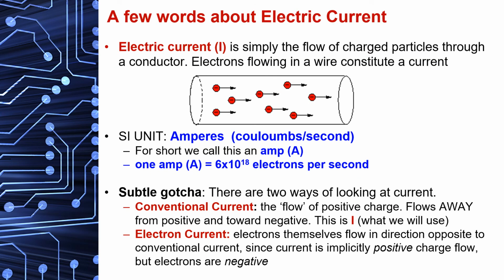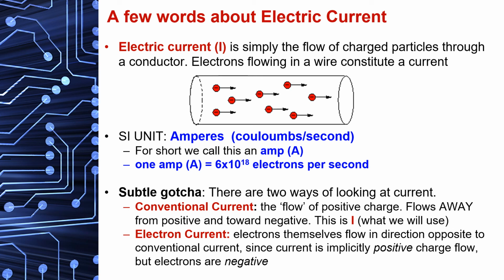All right, so we've used the word current, and all we mean by current is just that flow of charged particles through the conductor. In the case of a wire circuit, it's just the electrons that are flowing or moving through that wire. And if I could stand at one point and look at the wire and count how many electrons were bouncing past at any given moment in time, I would be measuring the current.